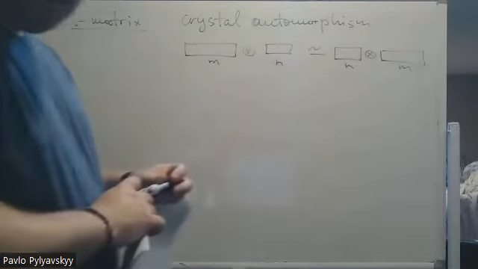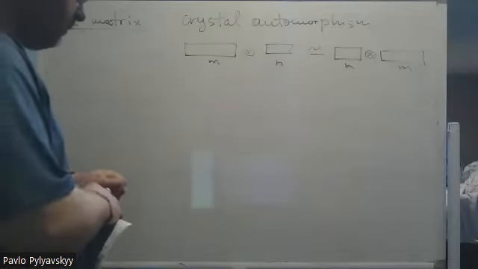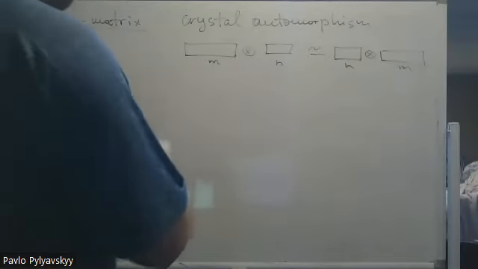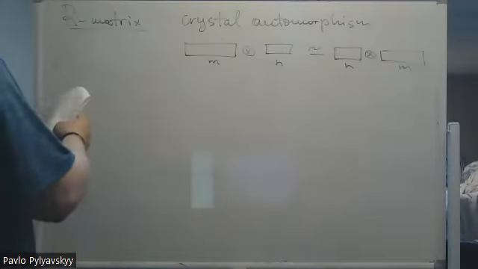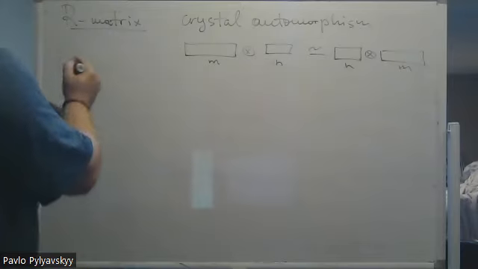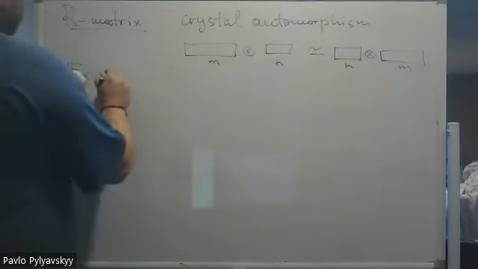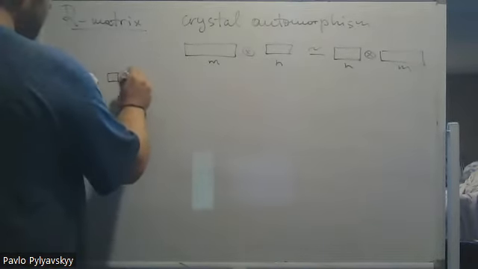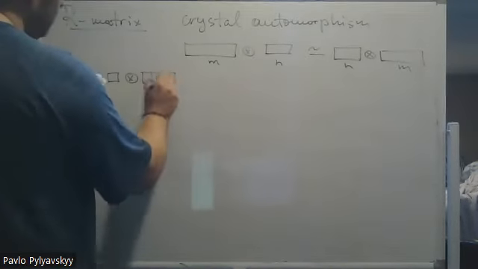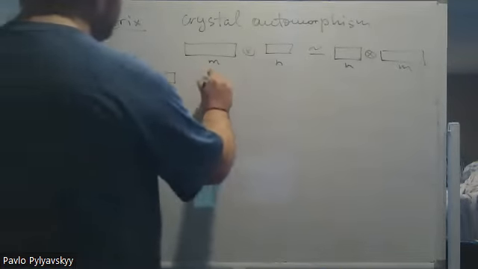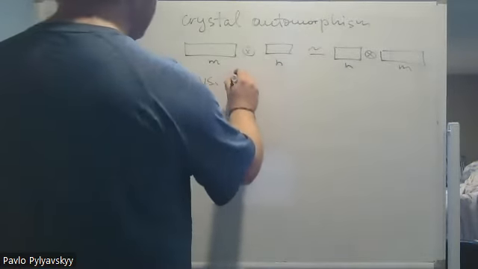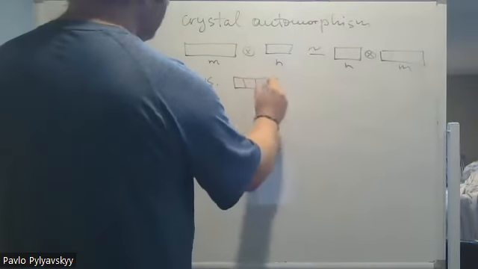Okay, and I actually prepared an example. Let me try to show you an example of this. So let's say we are taking one box tensor 3 boxes, and we will compare it to what we get if we tensor 3 boxes with one box.